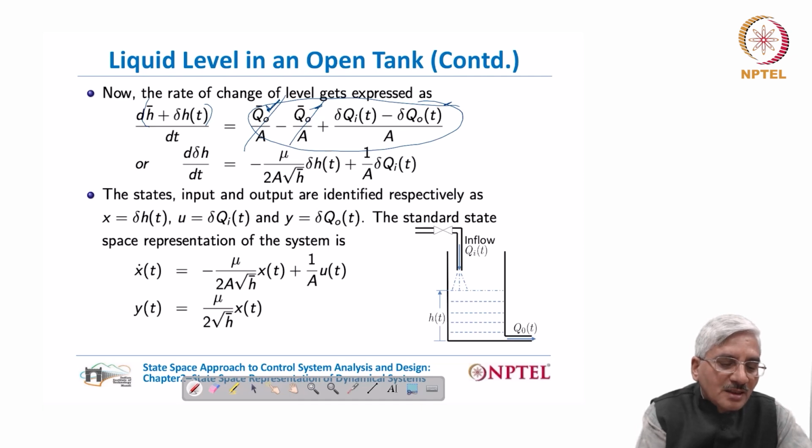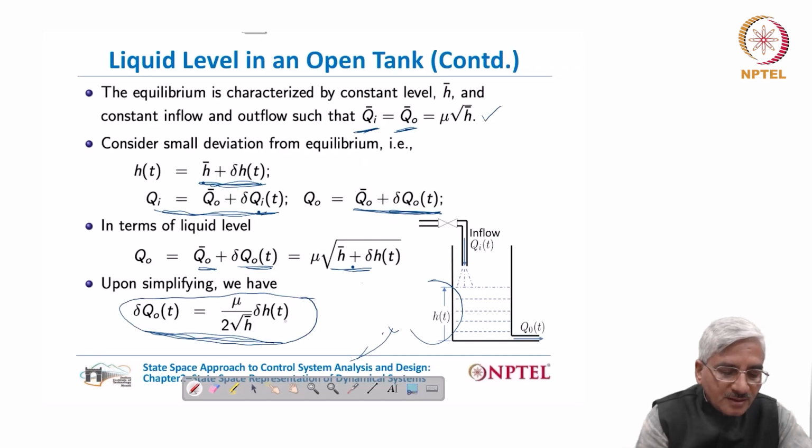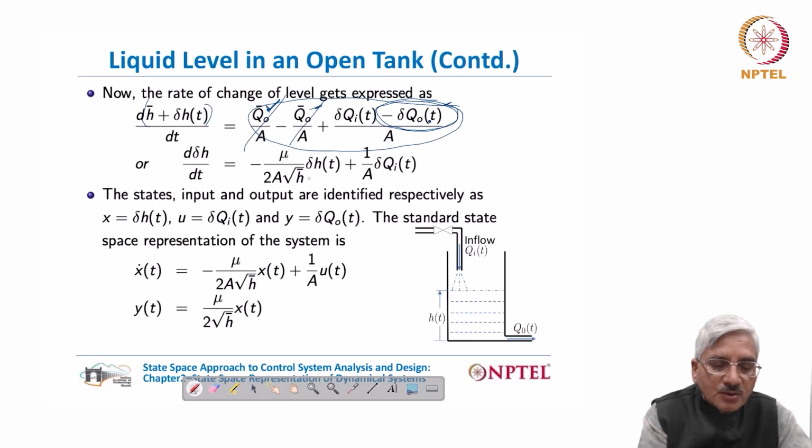So what we get is d delta H by dt equal to, what we have done, we have substituted delta Qo in terms of delta H, which we obtained here. Delta Qo was obtained as this one. So this we have substituted in place of delta Qo, and delta Qi by A is here. We are keeping it intact.